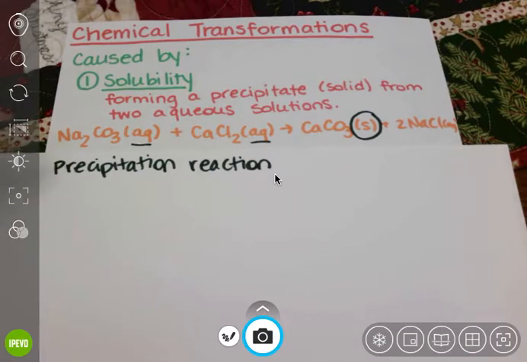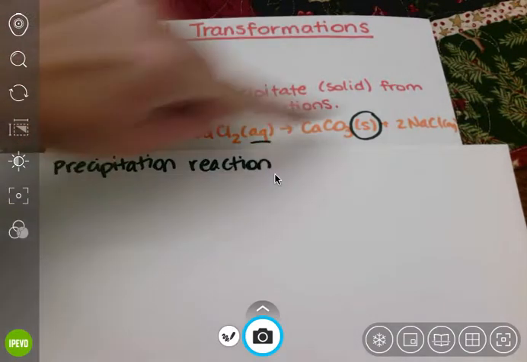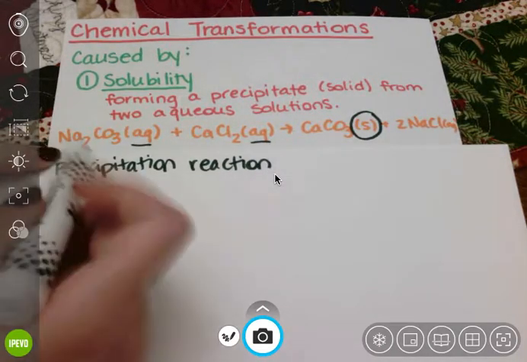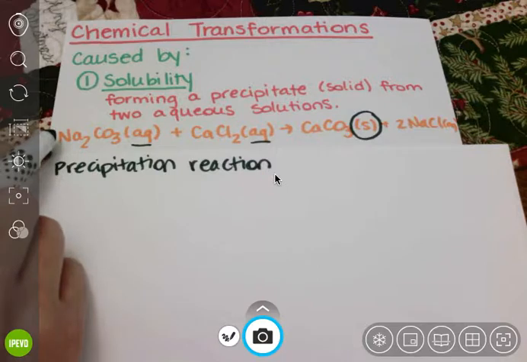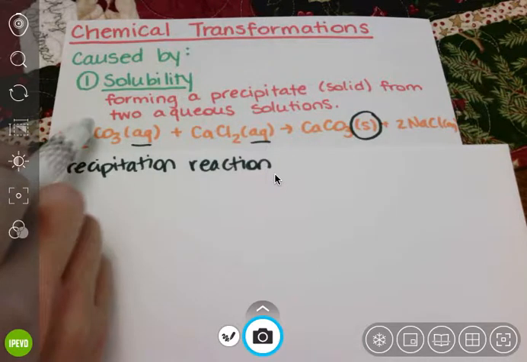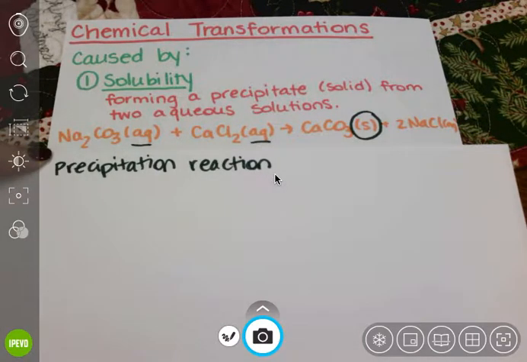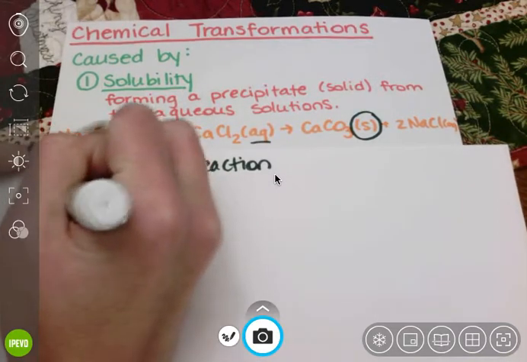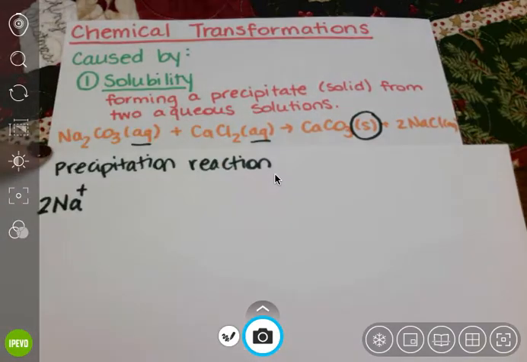If we were writing a net ionic for a precipitation reaction, anything that says AQ becomes ions in solution. And the subscript will come out front, unless it's a polyatomic ion. So let's practice that with this one. We've got 2 sodium ions that are each a +1 charge.